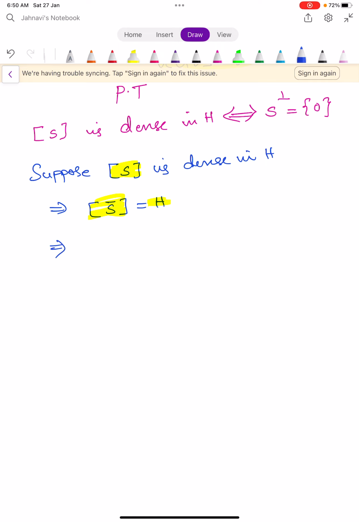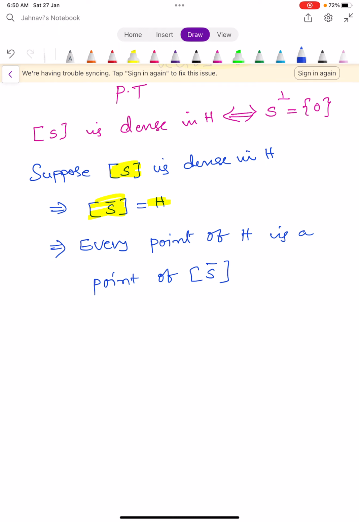Box S bar is equal to H means every point of H is a point of box S bar.